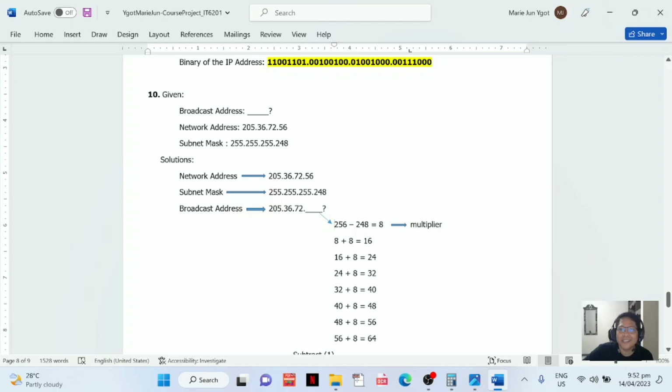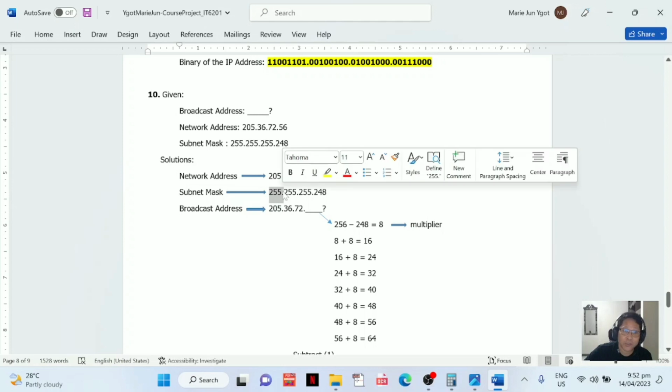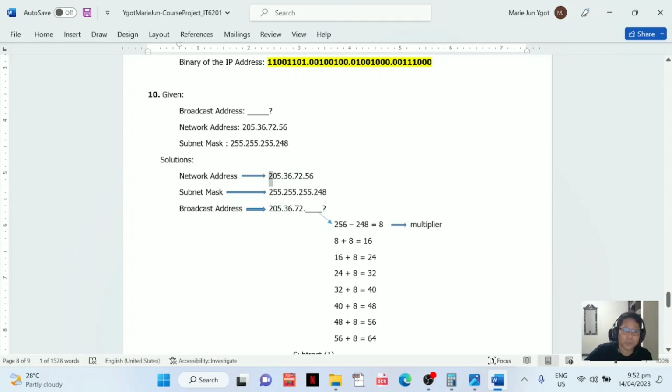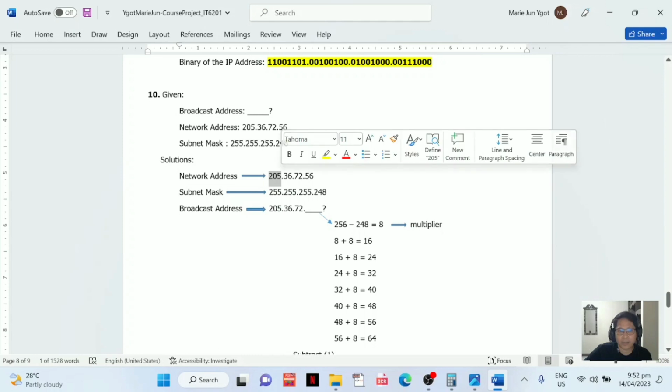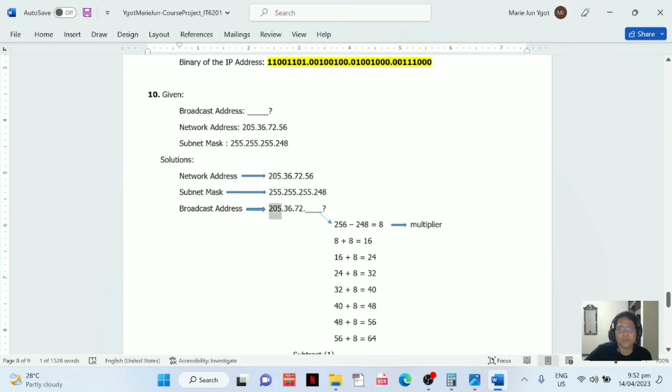What's the rule? If it is 255, we're just going to write the octet of the network address. In this case, our first octet is 255, so we're going to write down 205. So that's why we have a 205 here.